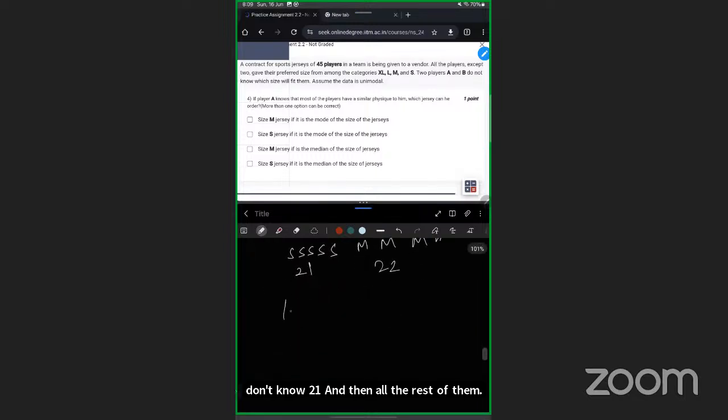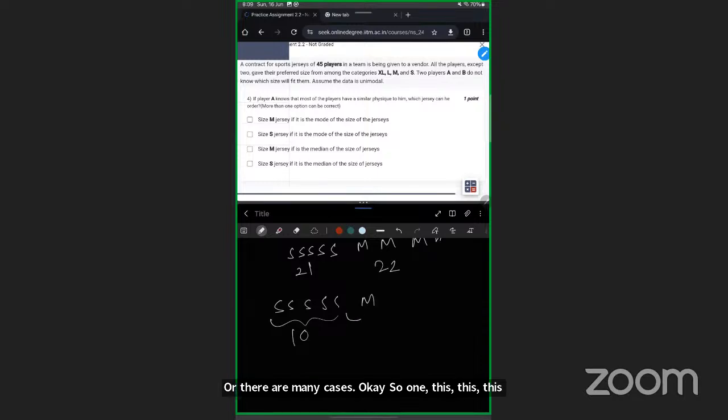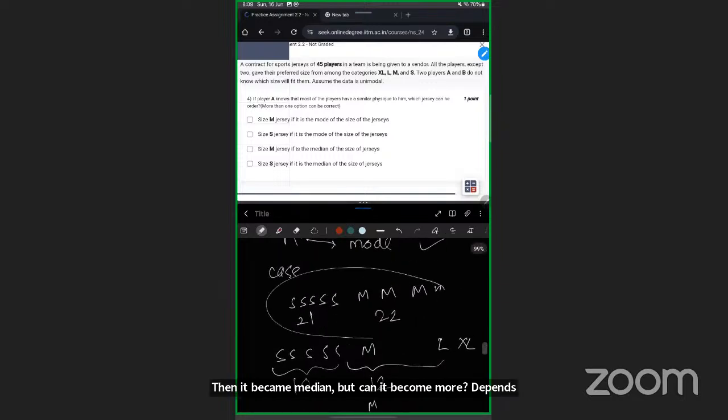Say 10 S. M starts from here and goes till more than the 22nd, so it has to go at least 12. Then it became median, but can it become mod also? That is the doubt. It depends on L and XL. So in this case, it's always true.